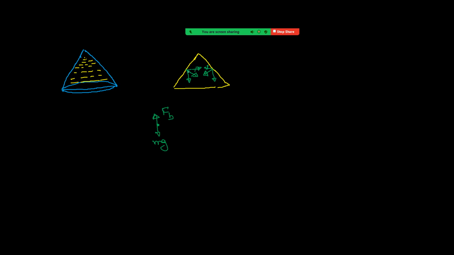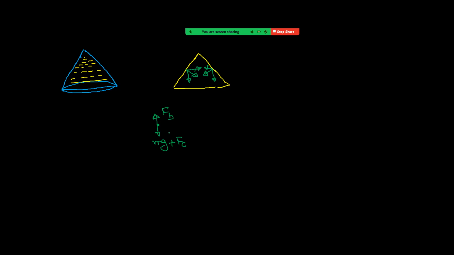Remaining is only vertical, vertically downwards. So force by curved part of the cone on liquid is vertically downwards. Net value, I'm taking it as F suffix C. Since liquid is in equilibrium, net force on it should be zero.